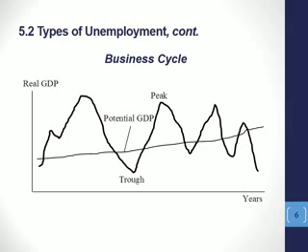So as you see in this figure, the decline in real GDP ends with a turning point called trough, which is the bottom here in this figure. And then the rise in real GDP ends with a peak. Here we have the peak, which is the top of this figure.